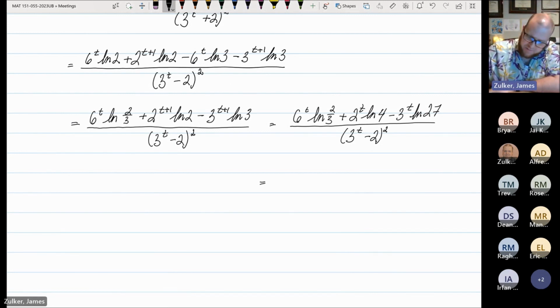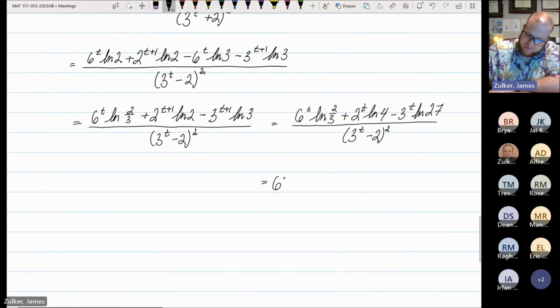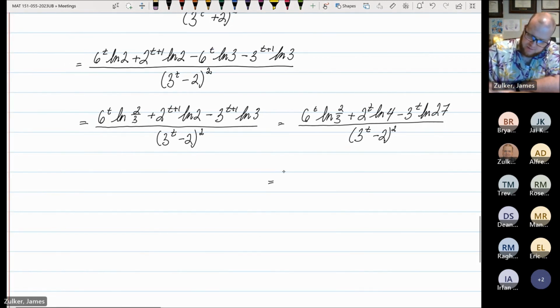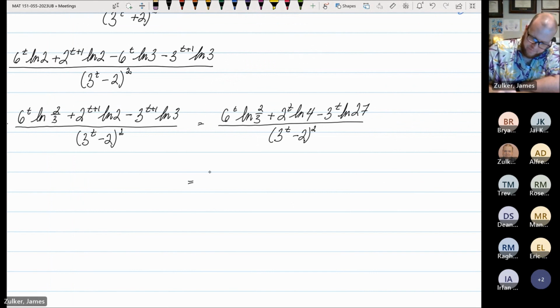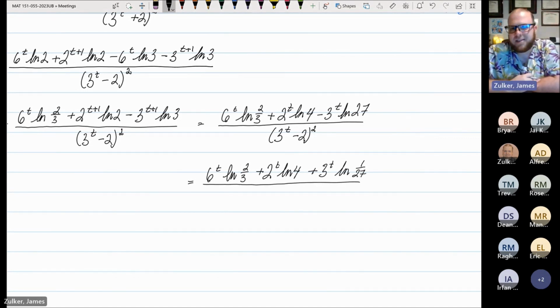Or alternatively, if you don't like that negative there, that'd be plus 3 to the t log of 1 over 27.